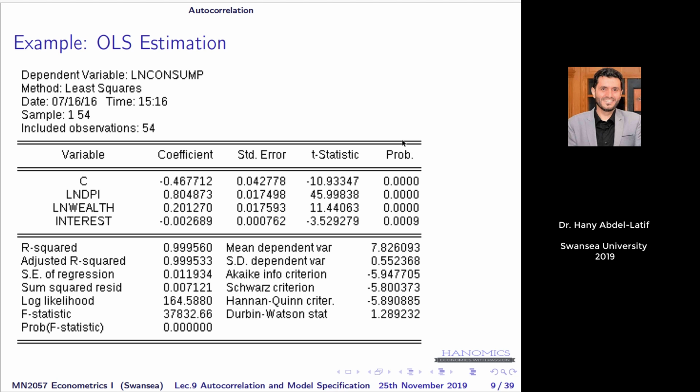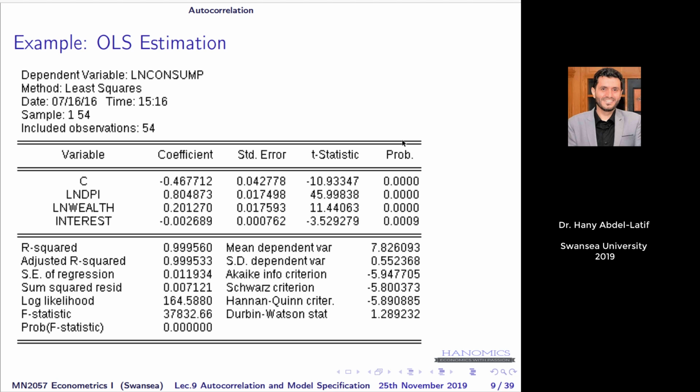Now we want to know whether these errors are autocorrelated or not. What we learned so far is that we need to plot the residuals. That's why we estimated the model first, because we want to obtain the residuals.